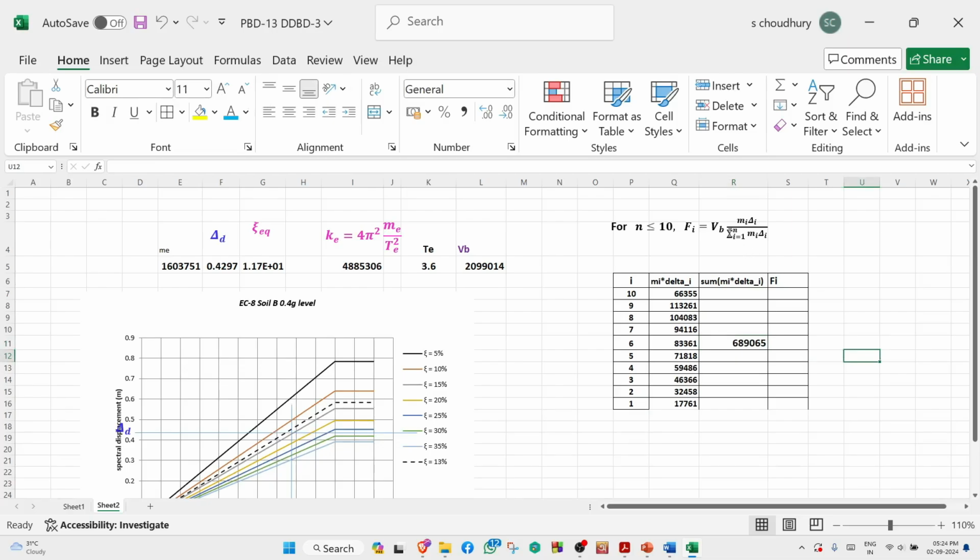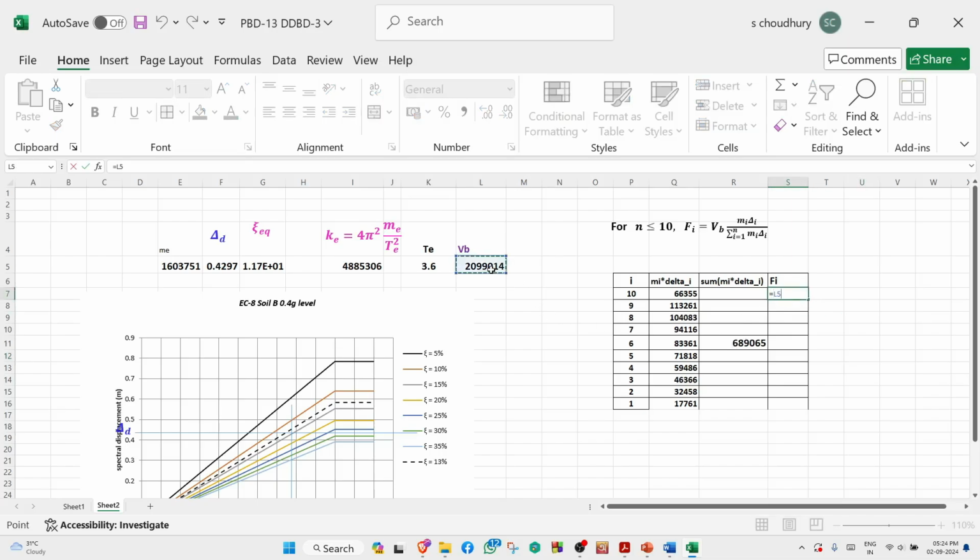Now Fi is given by this formula, Bb into Mi delta I divided by summation Mi delta I. Summation is here. So this is equal to your Bb we have calculated here, and since it is remaining constant, we have to put dollar, star Mi delta I, which is here, divided by summation Mi delta I, which is this, and this is constant.